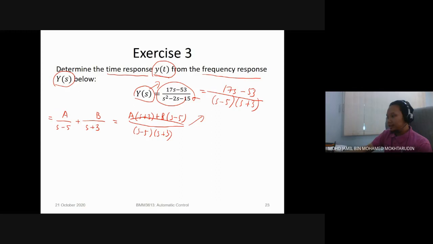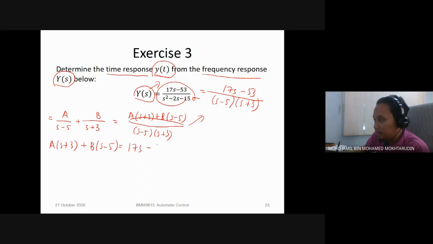Compare this with the original equation. So you get a times s plus 3 plus b times s minus 5 equals 17s minus 53.